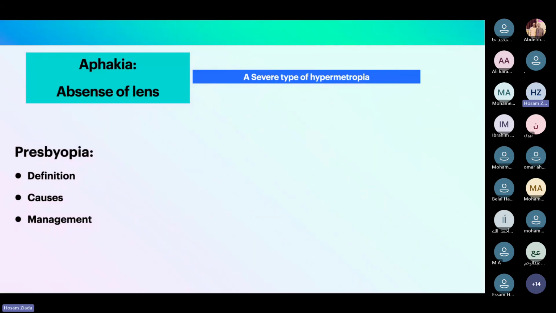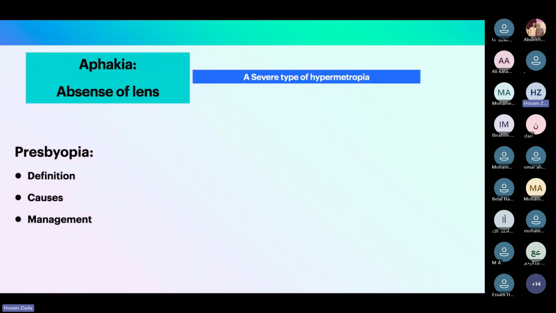Lens: as you all know now, it is a convex lens, but a high convex lens, called a high plus lens, with its aberration and its fuzzy appearance. Contact lens also, or by implantation: aphakia means absence of lens, so I will implant a lens inside of the eye. So these are the information needed for aphakia.